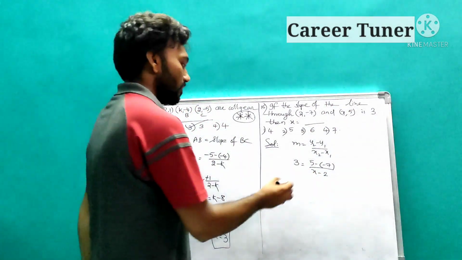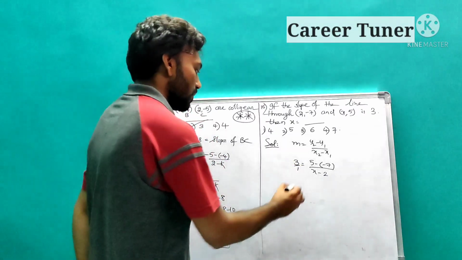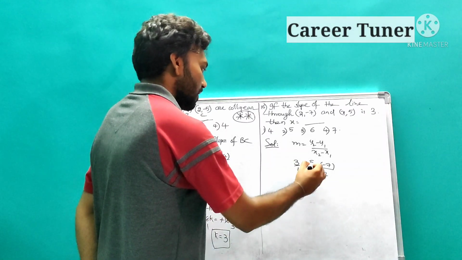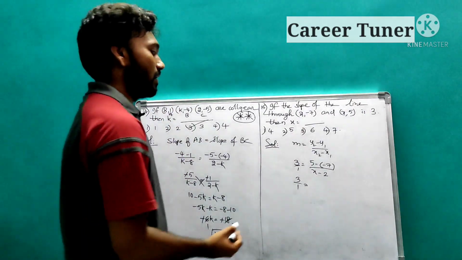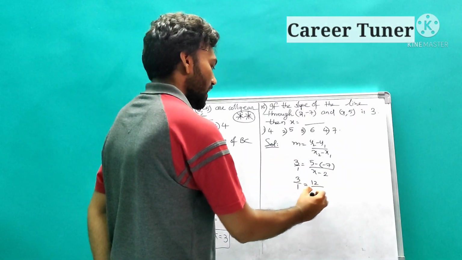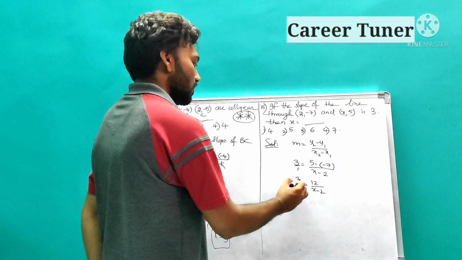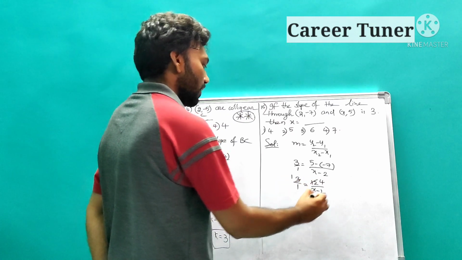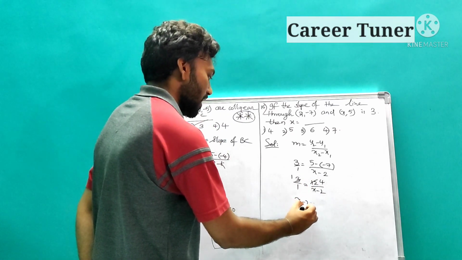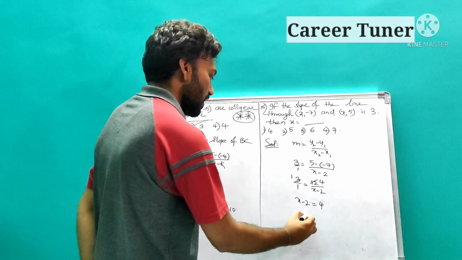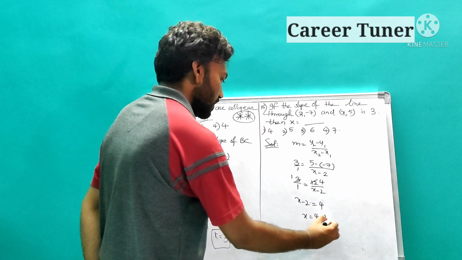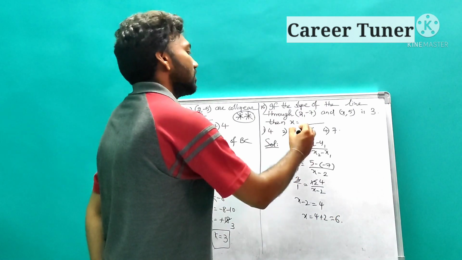Now how to proceed? 3 can be written as 3 by 1. So 3 by 1 is equal to 5 plus 7, so 12 by x minus 2. 3 one time, 3 will go 4 times. Now cross multiplication: x minus 2 is equal to 4. x is equal to 4 plus 2, that is nothing but 6. Third option.